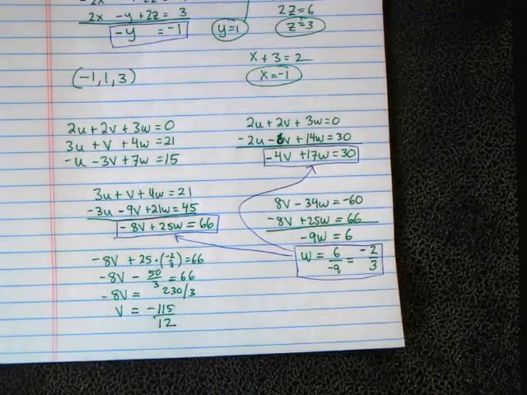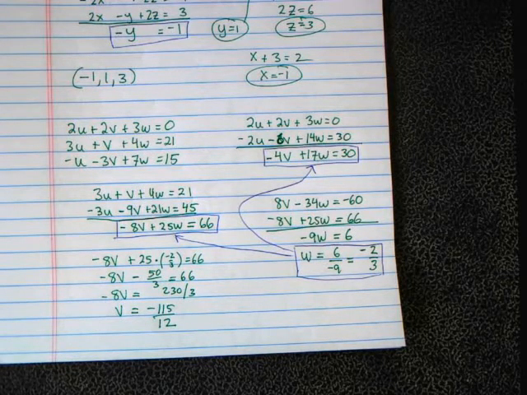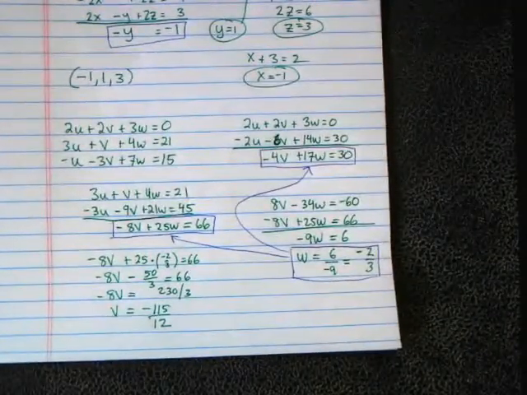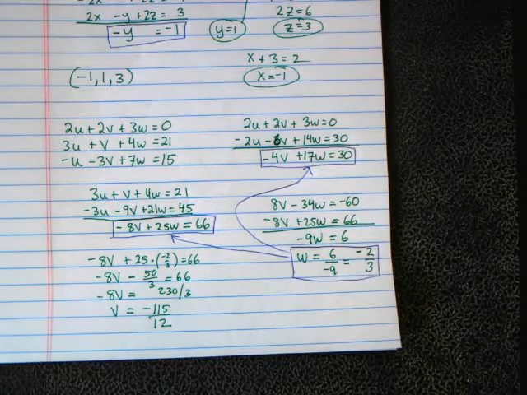I'm starting to get a little nervous that we might have made a mistake. You said 60 while you were teaching. Let's try it again. I said 60. Let's see what I typed in. 66 plus 50 over 3.